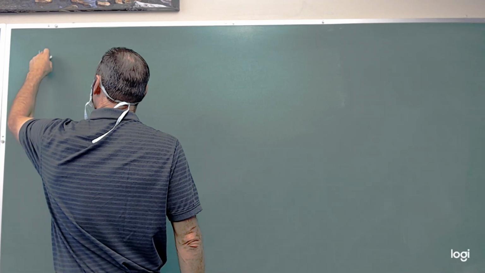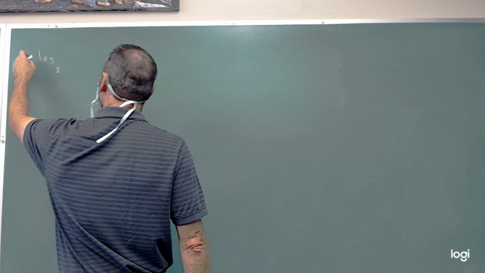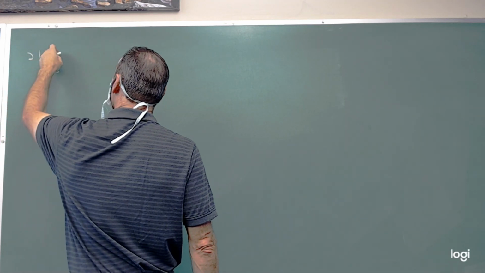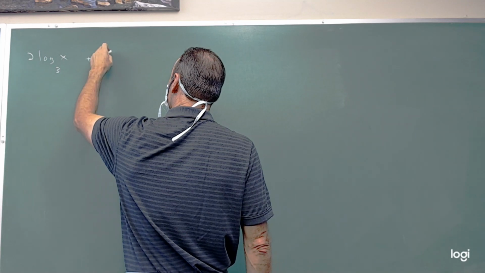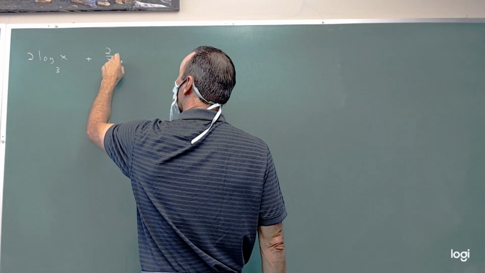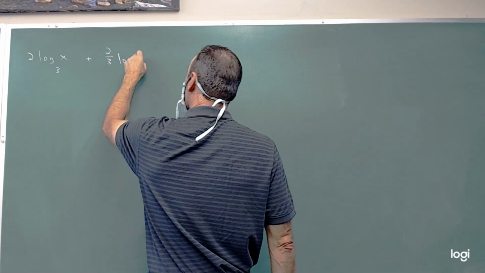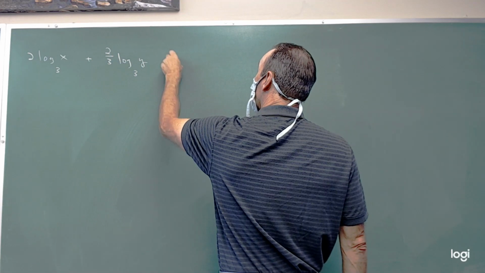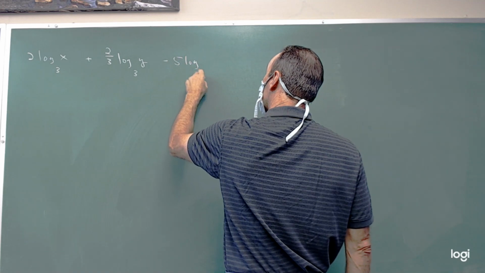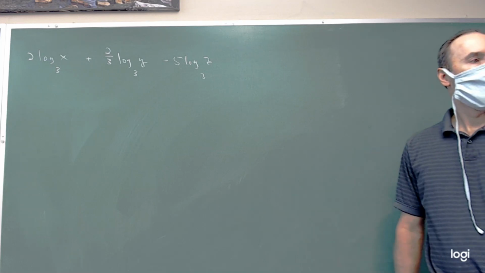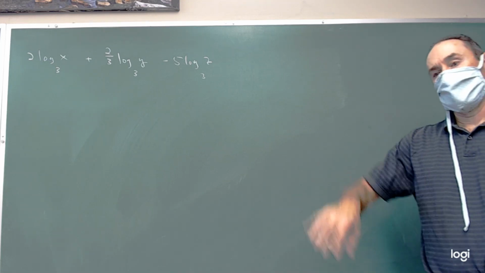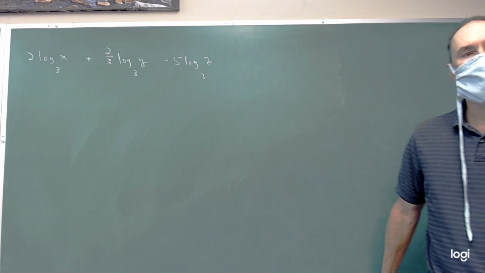So we'll say 2 logarithm base 3 of x plus 2/3 logarithm base 3 of y minus 5 logarithm base 3 of z. I'll do this in many steps, but you're welcome to shortcut this along the way.